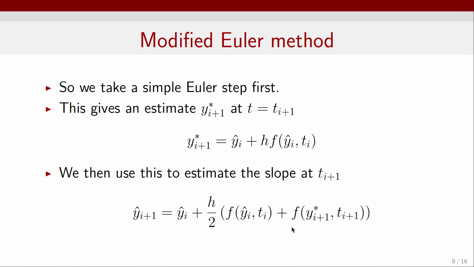But there's a price we pay. The price we pay is that now we have broken the time symmetry. So again, if I change ti to ti plus 1, this formula is no longer symmetric. So it's not going to conserve energy or symplectic structure for Hamiltonian systems. So it will not conserve area in phase space. It will not respect Liouville's theorem and so on.